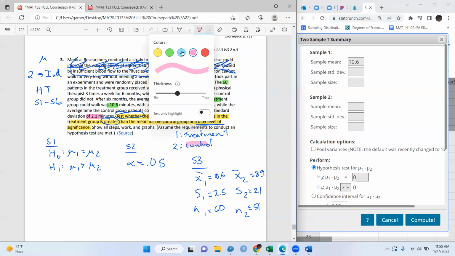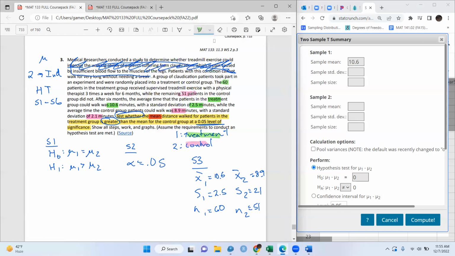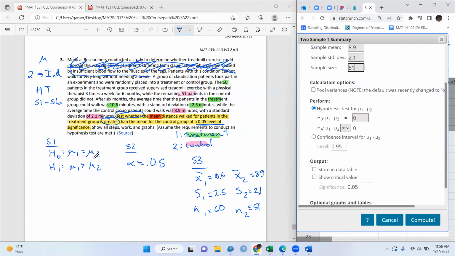So 10.6, 2.5, 60, 8.9. That's a 2.1. Looks like I have a 21 here, right? 2.1 and 51. Now, I think we talked about writing this differently.